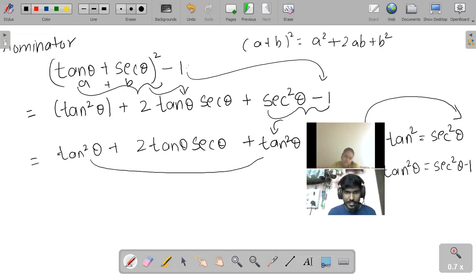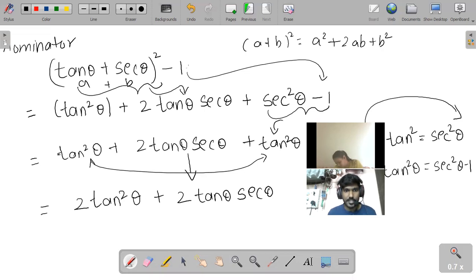Now we just have to add these two. And tan square theta plus tan square theta will give you 2 tan square theta, plus this thing as it is, 2 tan theta sec theta.